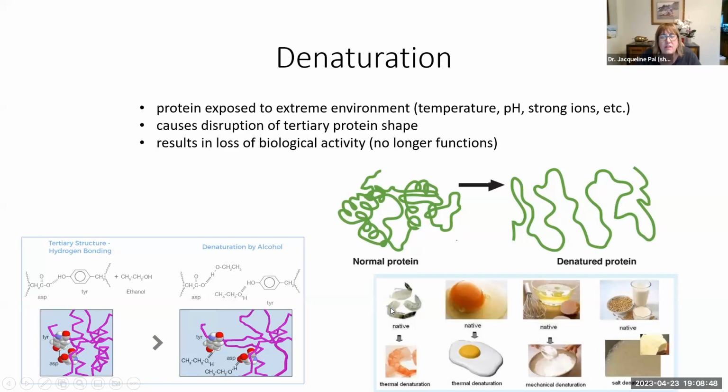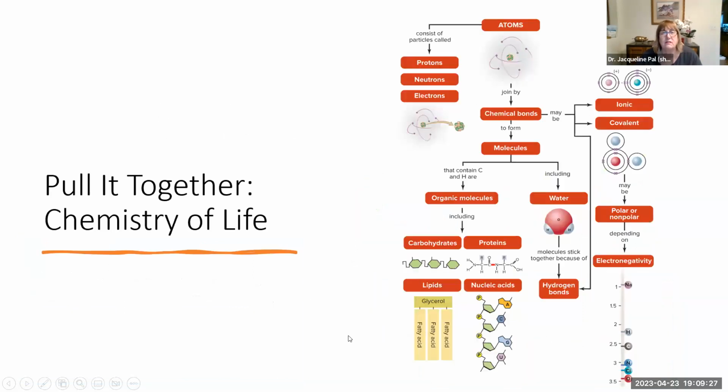Let's talk about when you take shrimp and you put lemon or lime juice on it, or you heat them up, or you take an egg and you heat it up, or you take an egg white and you whip it, or you take milk and add salt and heat to it. All of these things are changing the protein and denaturing it by one method or another. So we eat denatured protein all the time. Doesn't mean it can't be eaten. It just means it has lost whatever biological activity it had before you denatured it.